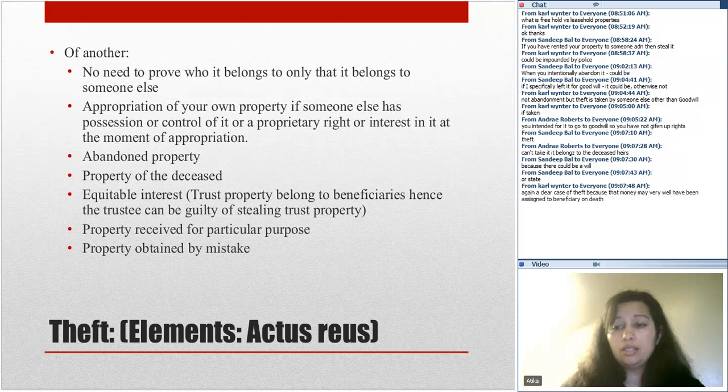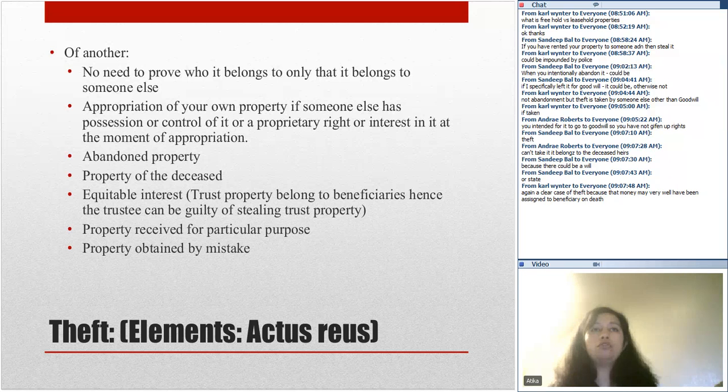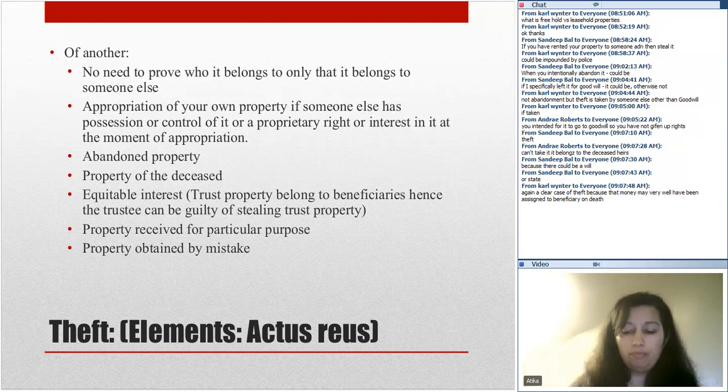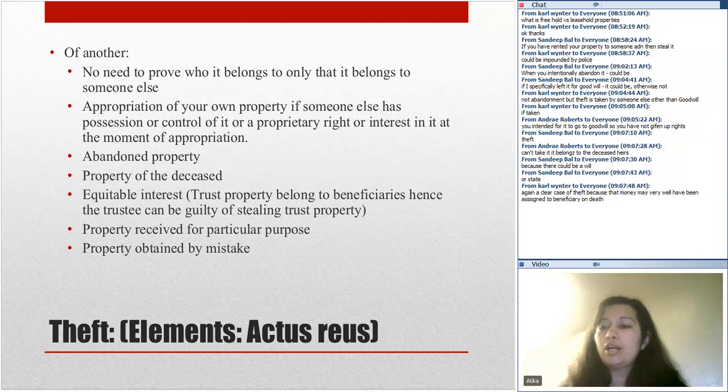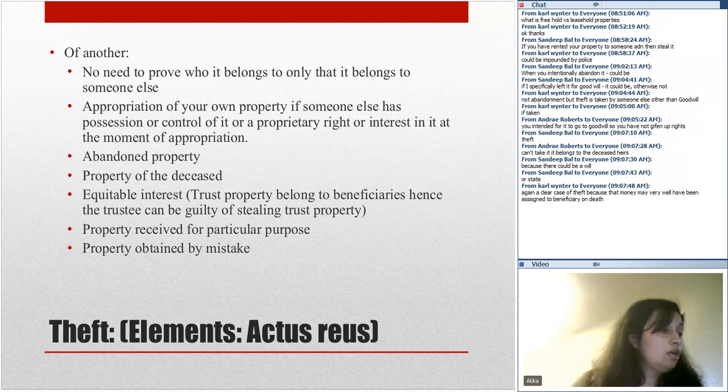Why did he do that? Because, first of all, they said the owner of property should be somebody who is alive, okay? And in this particular case, it was not just that. It was that it was the money from an illegal transaction. It was already somebody else's money. It was not the drug dealer's money. So how can you steal from a person who is not even the owner of the property, right? The issue arose of who the money belonged to, and it wasn't satisfactorily resolved in that case.